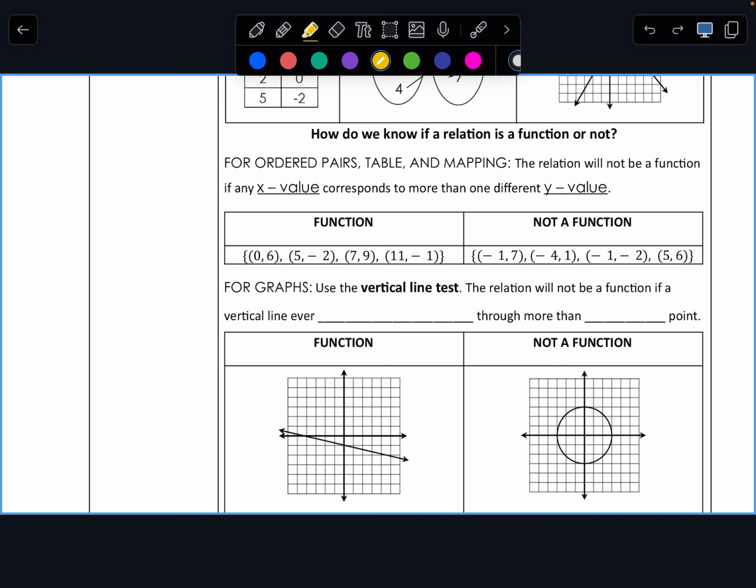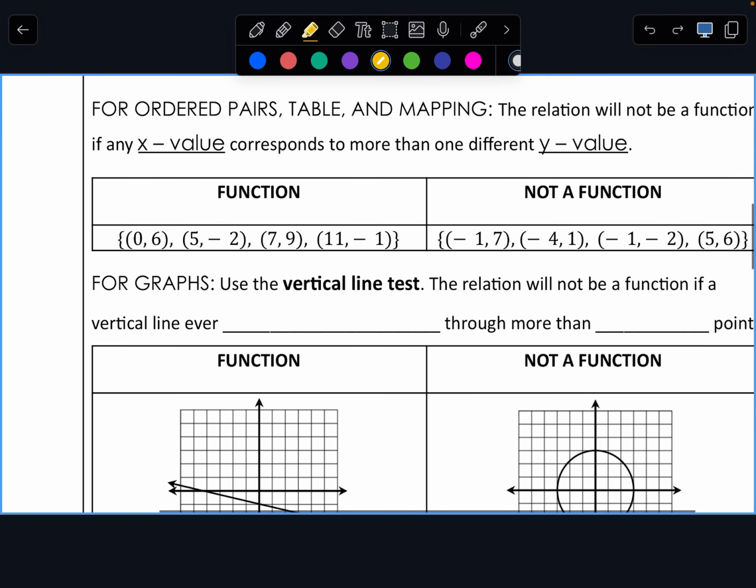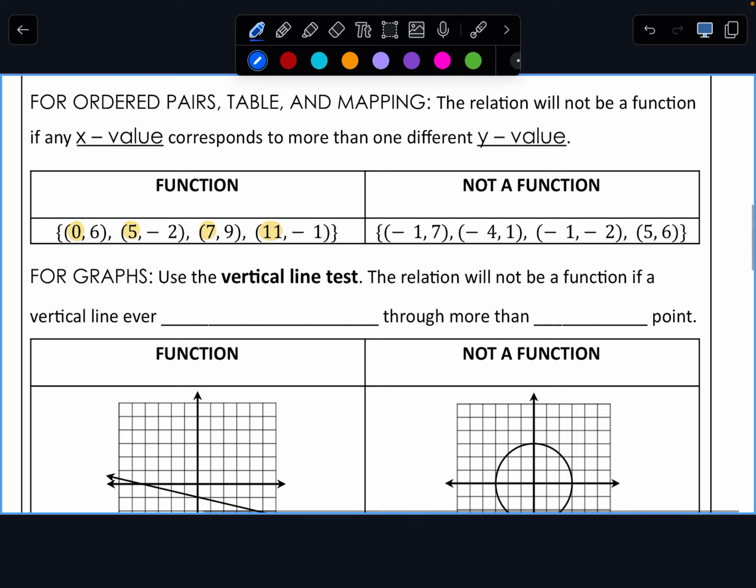So if you look at this first set of ordered pairs, each x value is different. There's no repeating values. So this is a function.